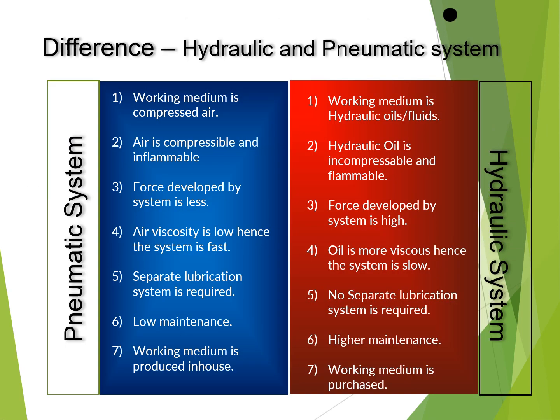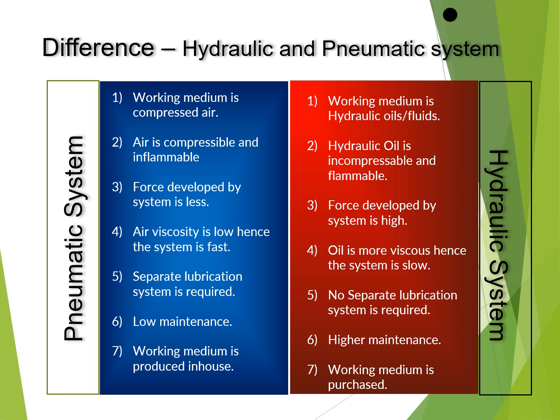Let's understand a few differences between hydraulic and pneumatic systems. In a pneumatic system, the working medium is compressed air, whereas in a hydraulic system, the working medium is hydraulic oil. In a pneumatic system, the air is compressible and inflammable, whereas the hydraulic oil is incompressible and flammable, if you can recall Pascal's law.